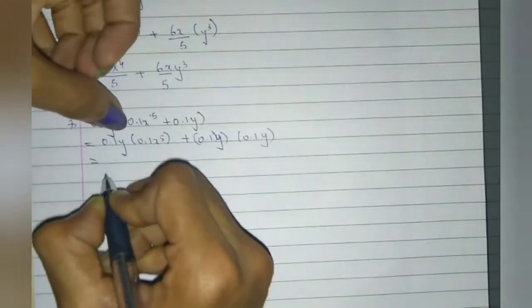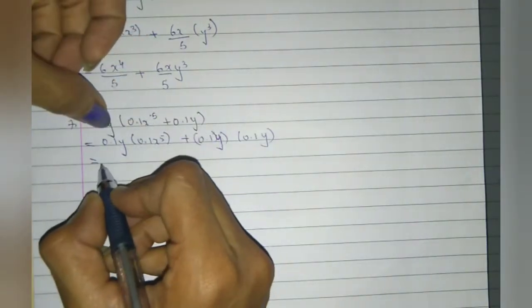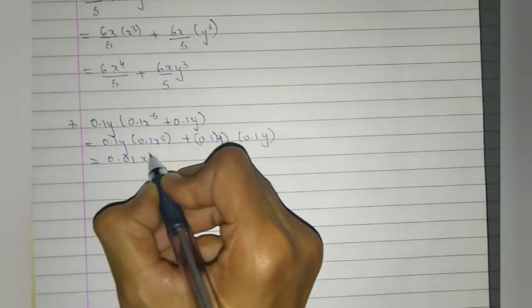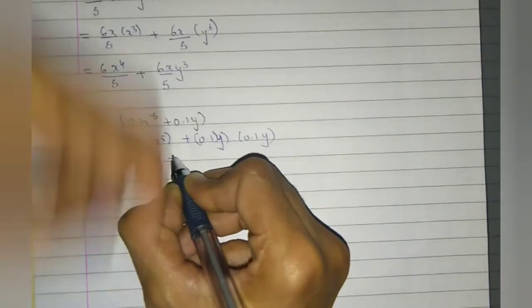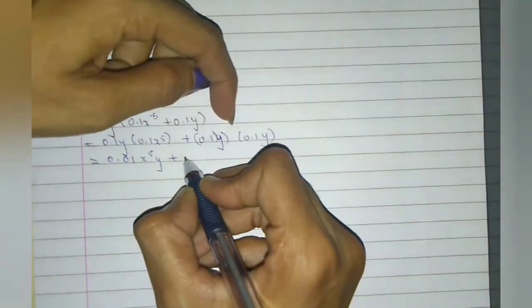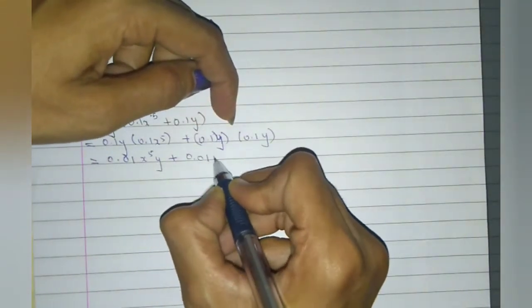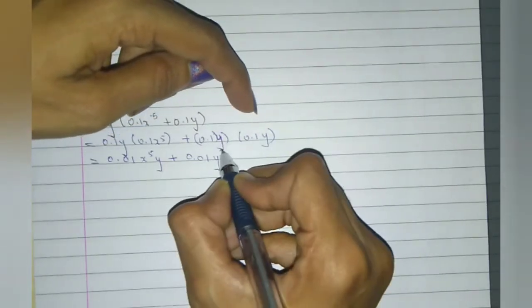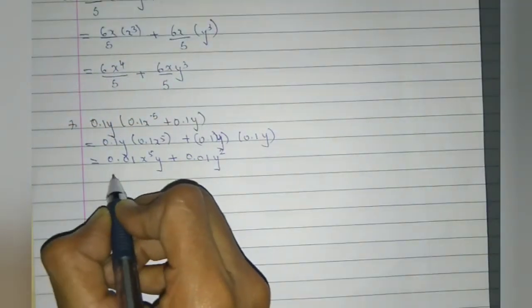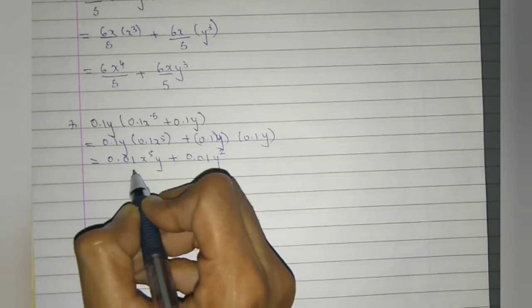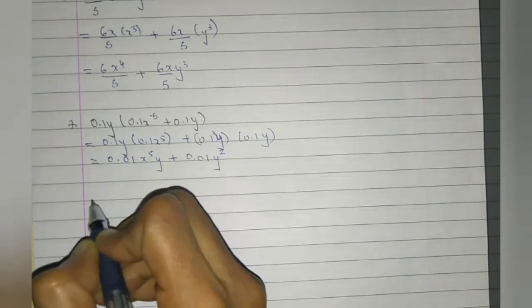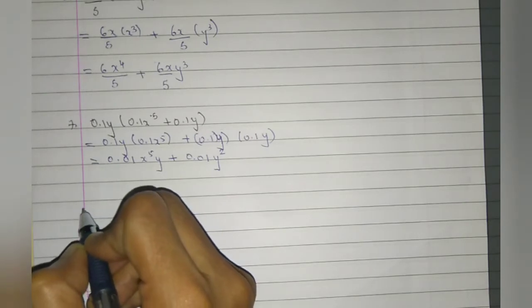So it is equal to 0.1 into 0.1, 0.01 x raised to 5 y, plus 0.1 into 0.1 is 0.01, y and y, 1 plus 1 is 2. So the answer is 0.01 x raised to 5 y plus 0.01 y raised to square.